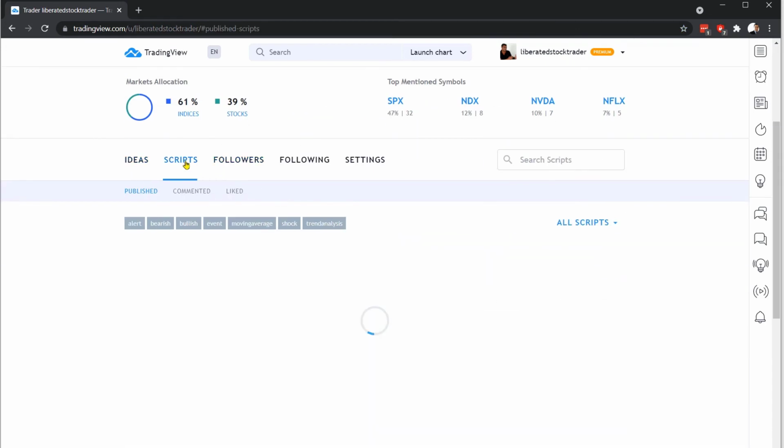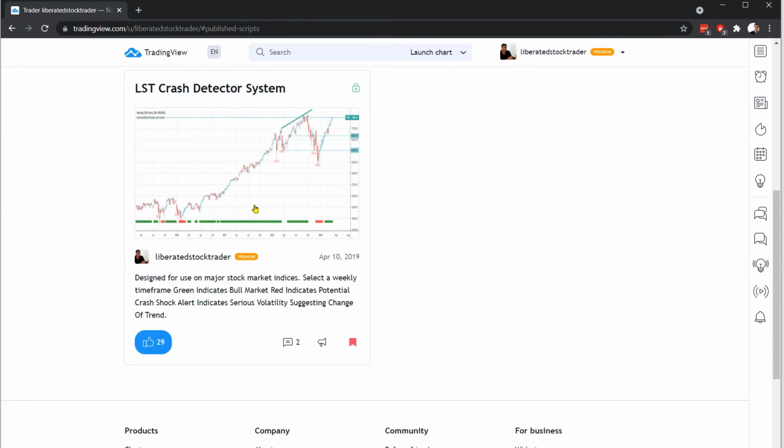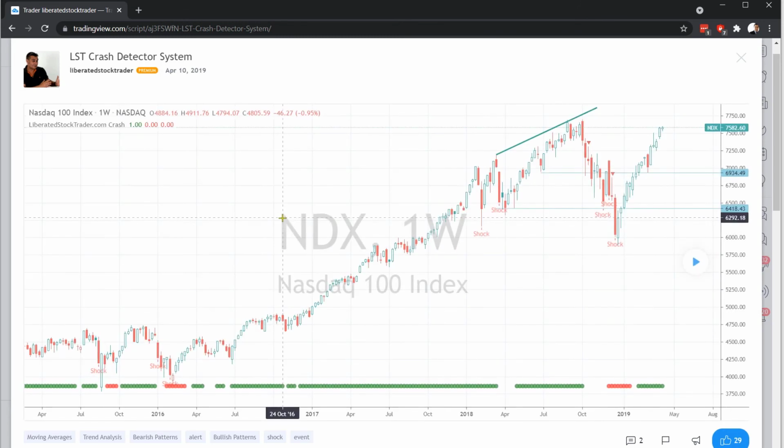And the crash detector essentially is an indicator I have developed for TradingView, and you can see it in action here. This helps you interpret if there is the chance of a stock market crash coming up. So here you can see a chart of the NASDAQ 100 on a weekly basis, and you can see whenever the indicator flashes red, it indicates there is actually a crash in process, and you also get shock alerts.